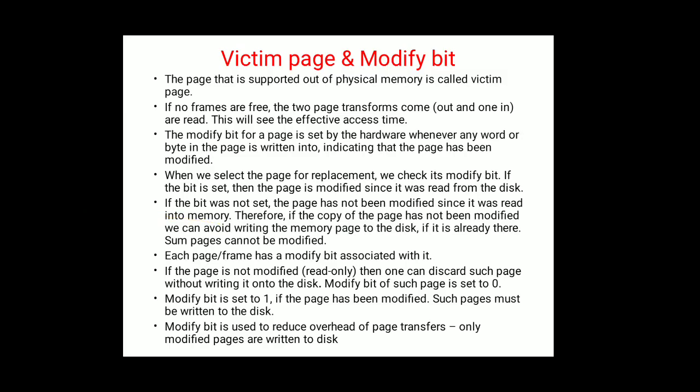Coming to the victim page and modify bit. The page that is supported by the physical memory is called the victim page. A victim page is a page which you want to remove from the main memory.